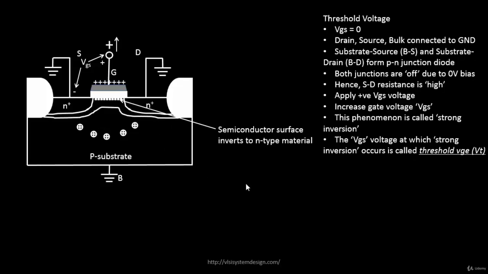So what next? What happens if we increase the gate potential? Logically, you will see an increase in the depletion region width, but if you see, this area is already depleted of its majority carriers. So there will be more accumulation of negative charges over here. So let's look into that.